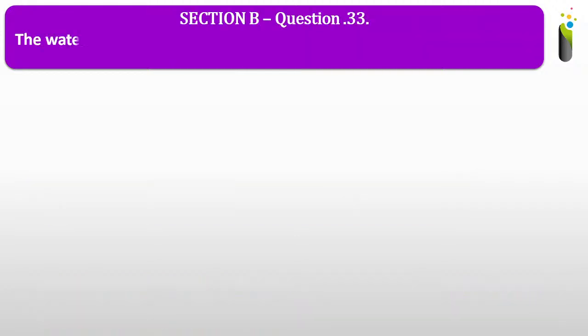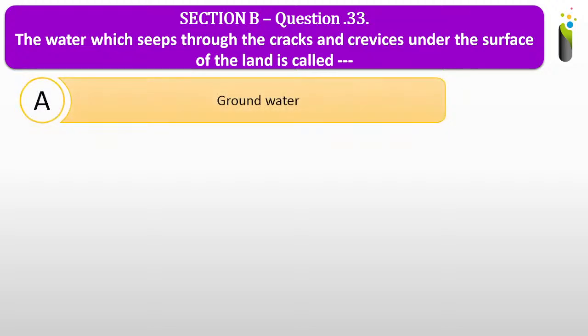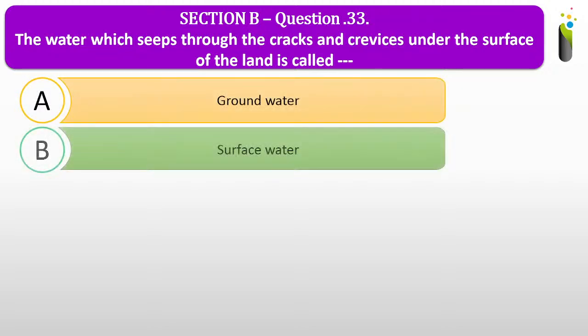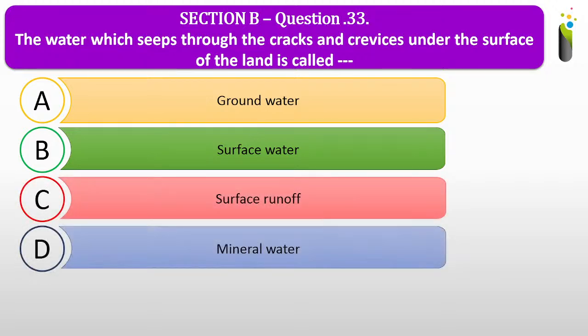Now, question number 33. The water which seeps through the cracks and crevices under the surface of the land is called as dash. A. Groundwater. B. Surface water. C. Surface runoff. D. Mineral water. Think. The water which seeps through the cracks and crevices under the surface of the land is called as dash.